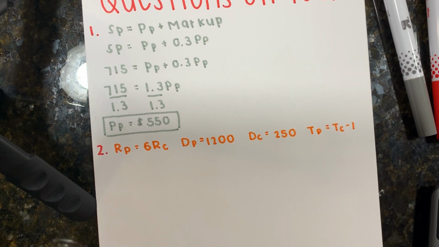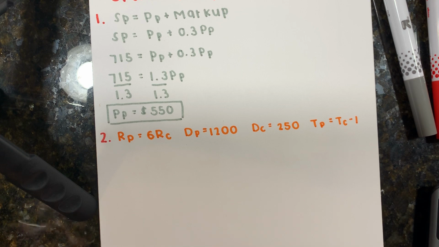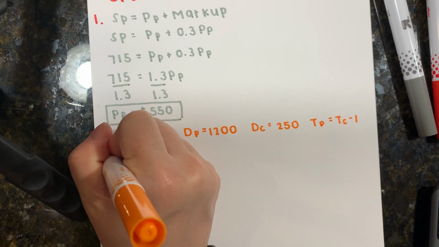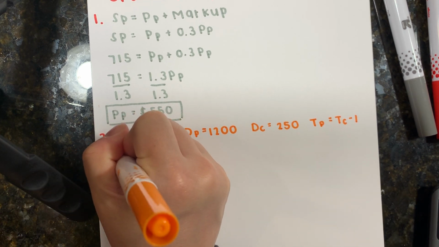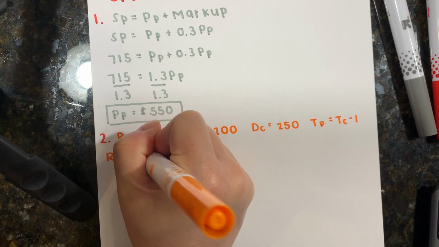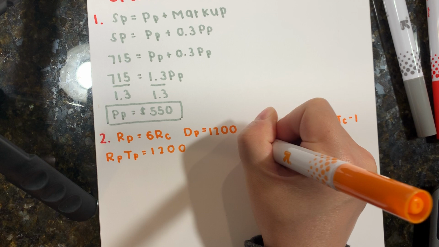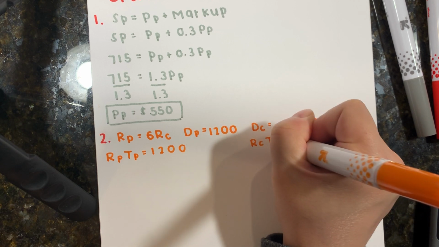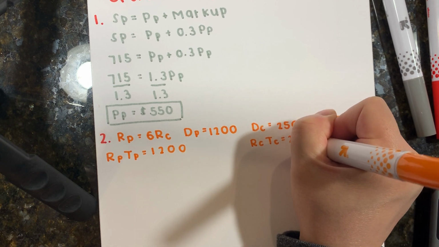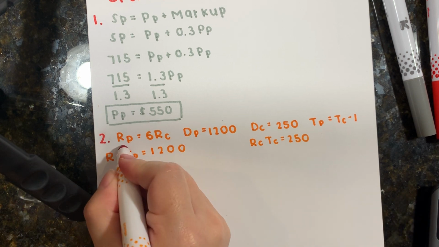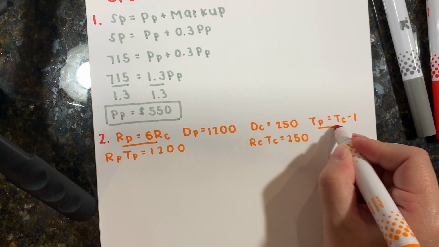Now we know our equation for distance, which is rate times time. So this would be RPTP equals 1,200. And then over here we could do RCTC equals 250. Now if you look, I have RP and then I have TP here.